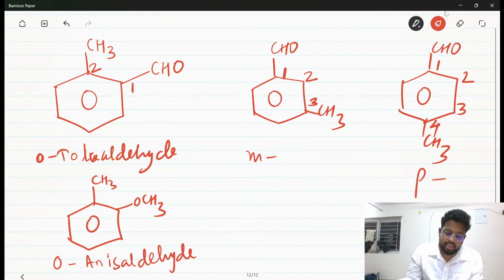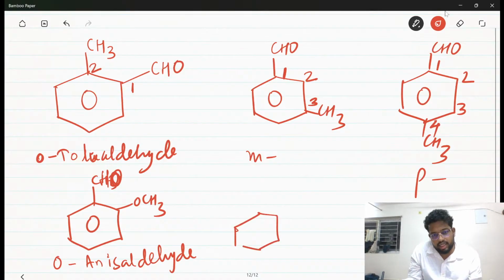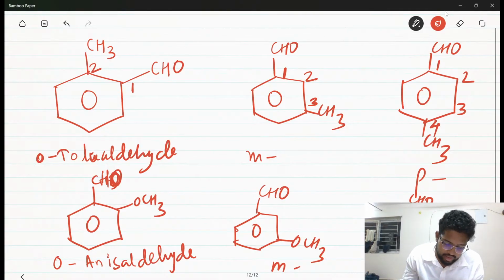There is benzene and OCH3, which is nothing but anisole. In that anisole, if you put an aldehyde, that is anisaldehyde: ortho, meta, as well as para.